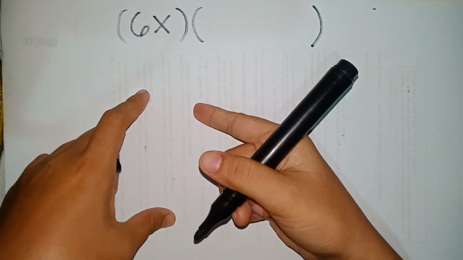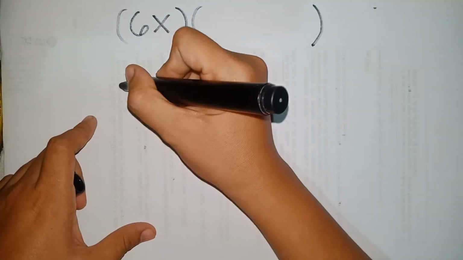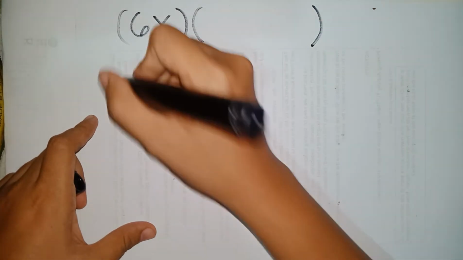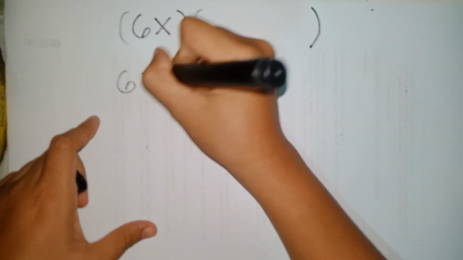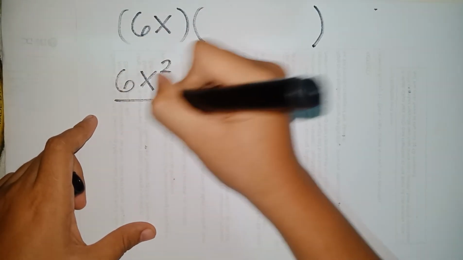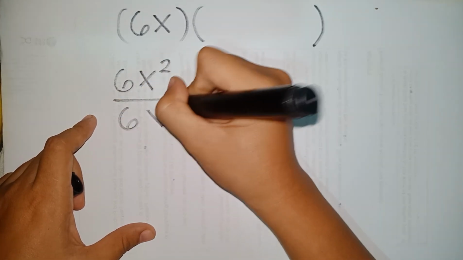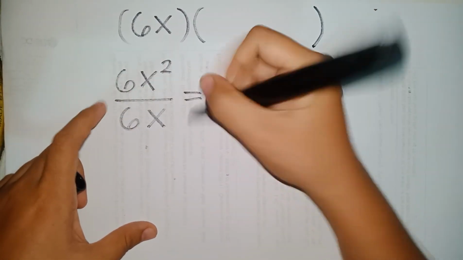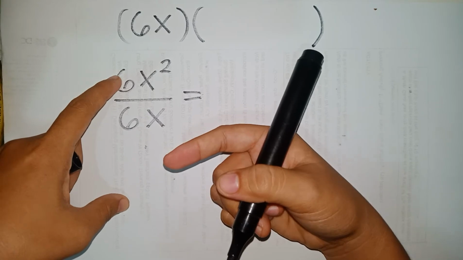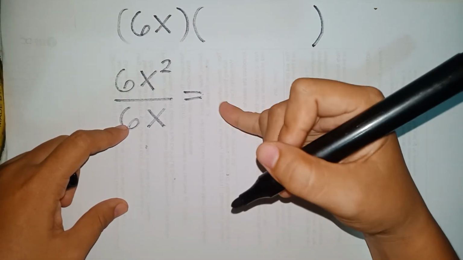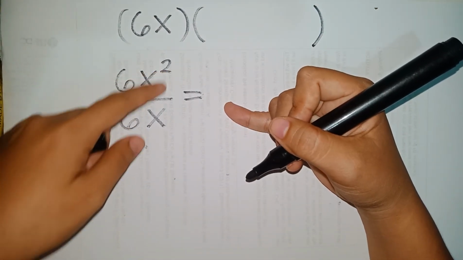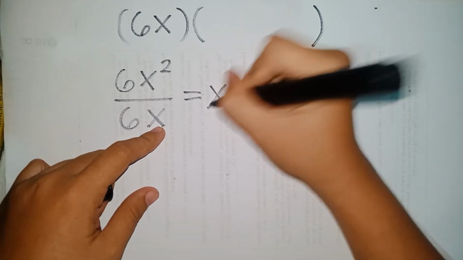Okay. We have to divide each term by the GCMF. 6x squared divided by 6x. This will give us 6 divided by 6 equals 1. No need to write 1. x squared divided by x is equal to x.